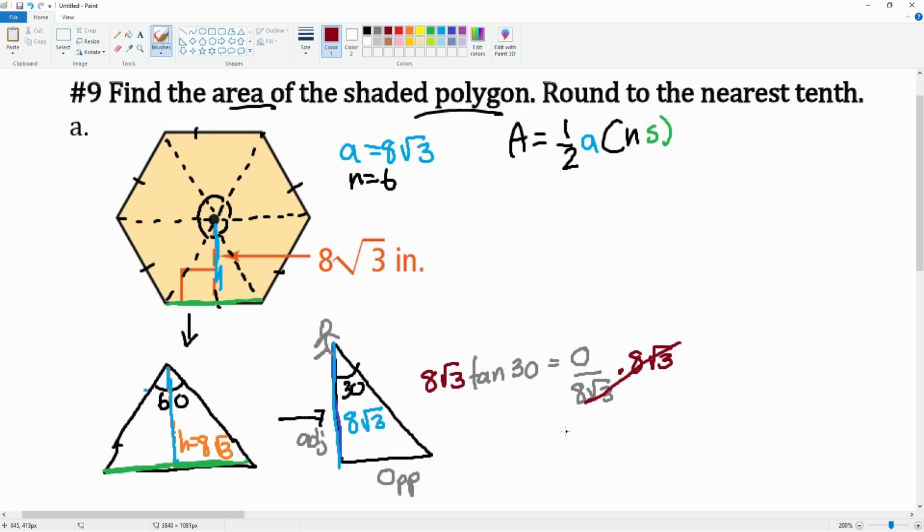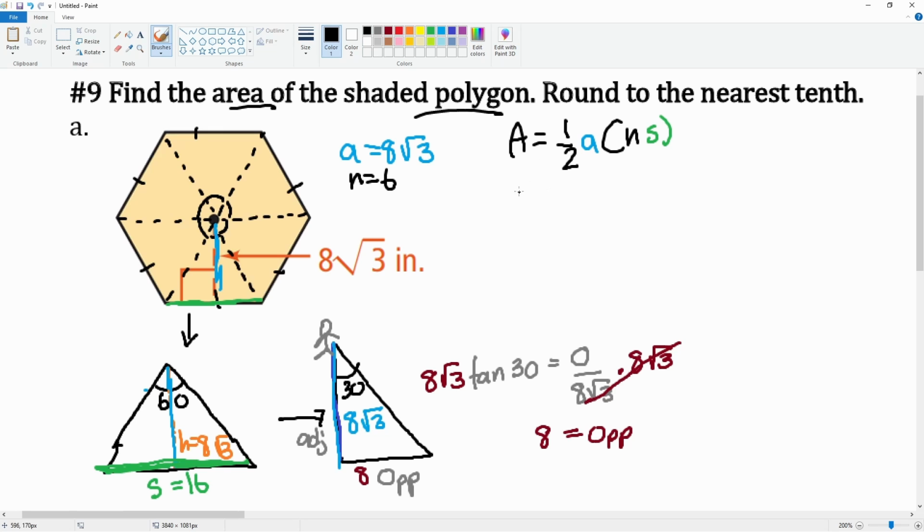If you know your special rights, it becomes easier. 8 radical 3 times tan 30. Yep, it does become pretty. Opposite is equal to 8. But this whole thing here is 8 plus 8, so that becomes 16. S is equal to 16.